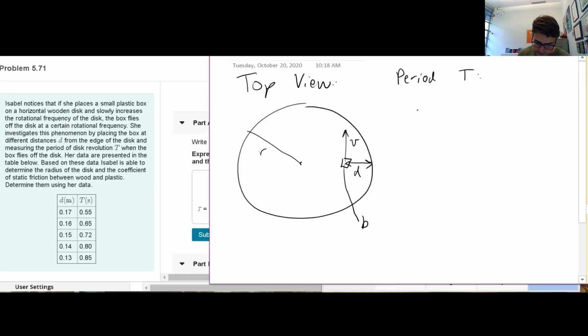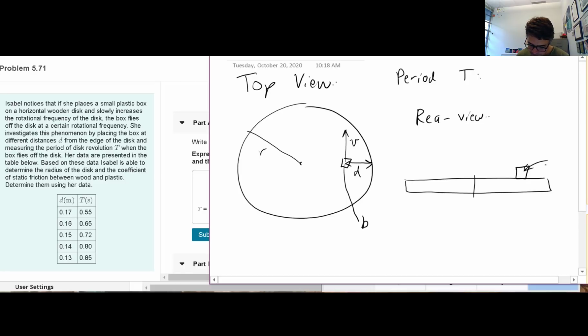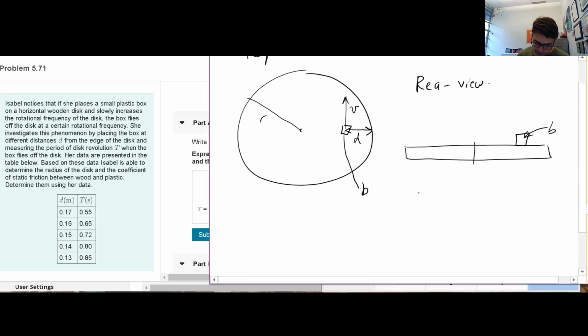And then this is the rear view, which is that here's the center, here's the box, and you always do your force diagram with the rear view.